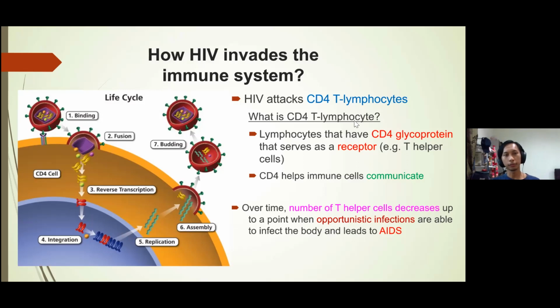One example of the CD4 T lymphocytes is the T helper cell. The CD4 molecule helps the T cells to communicate with other cells of the immune system. For example, the T cells communicate with the antigen presenting cell to find out what pathogen invaded the body.